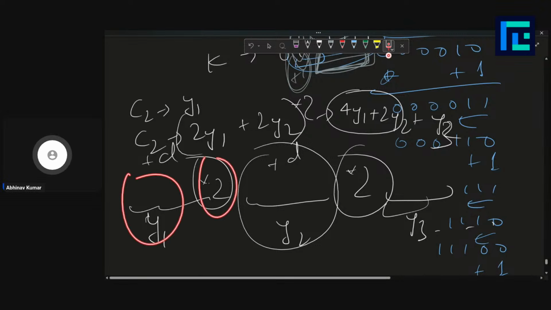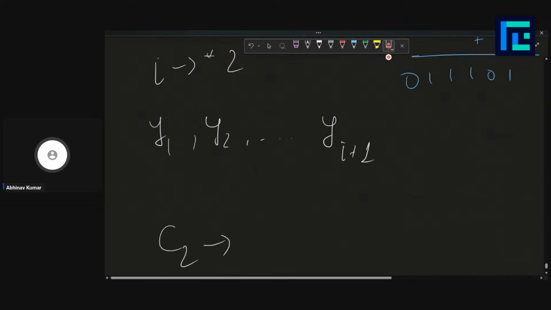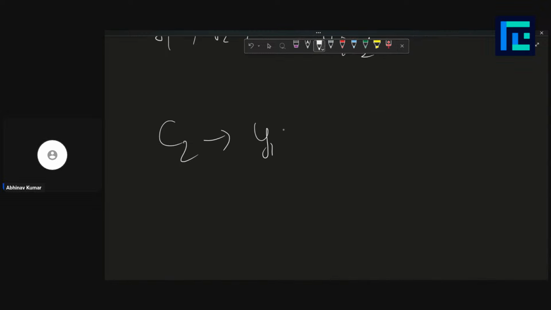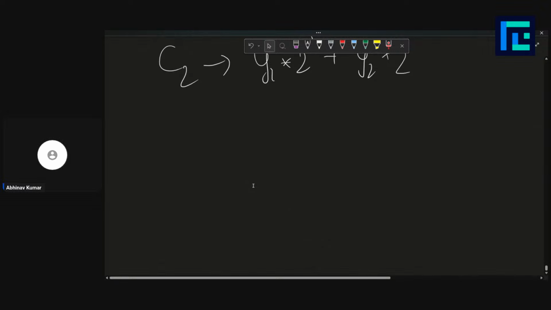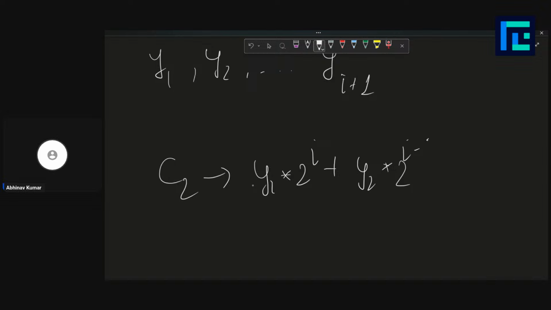this y1 would get multiplied 2 times, so y1 into 2 to the power I, y2 into 2 to the power I minus 1 times, plus up till y I plus 1 multiplied by 2 to the power 0 times.